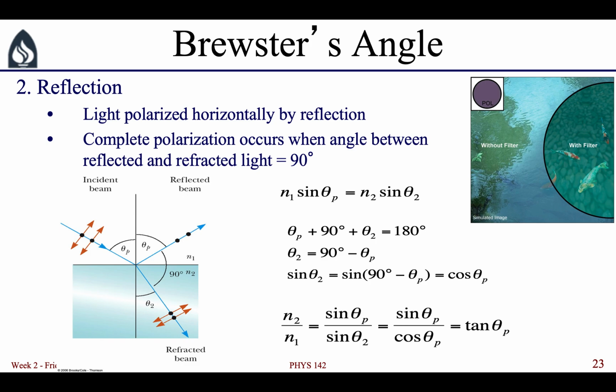You can also use polarizing filters on cameras if you want to take pictures of water. Here is a picture where without the filter you get a lot of glare off the water. You get a lot of reflection, but you can reduce that reflective glare by using a filter with a vertical transmission axis. All of the horizontally polarized light, which is reflecting off the surface of the water, is blocked by the filter.